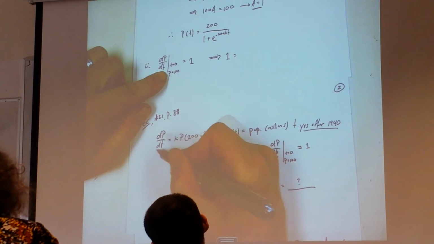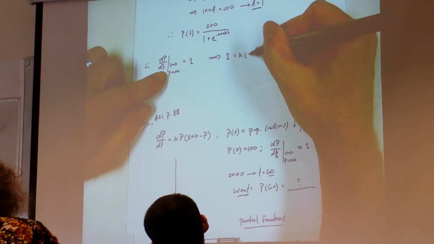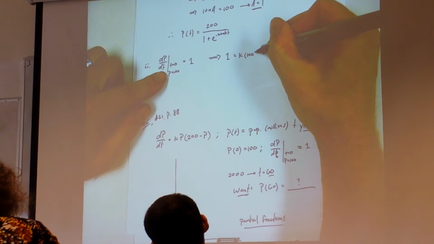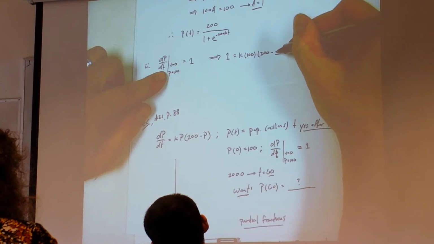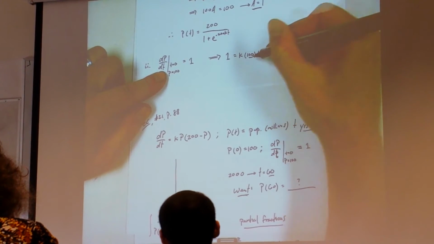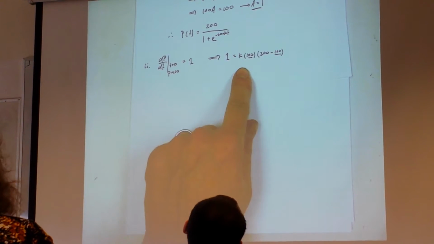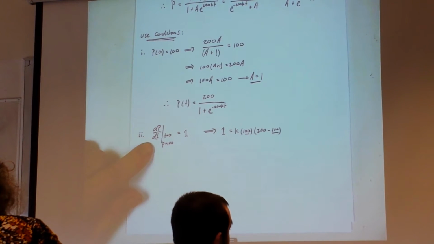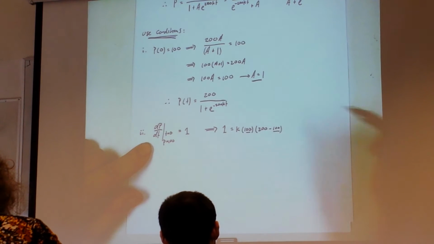So dP/dt equals 1, and we got k times P, which is 100 times 200 minus that 100. And that allows us to solve for k. This is the first time I think we've seen an initial condition that involves growth rate. But it does allow us to solve for k.